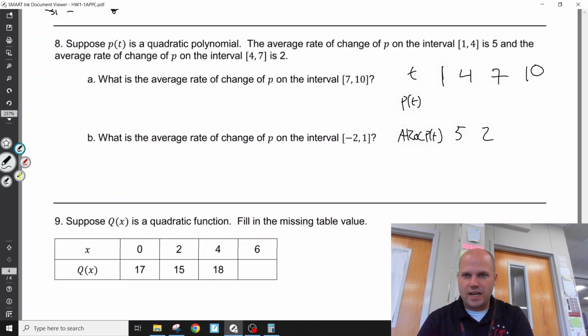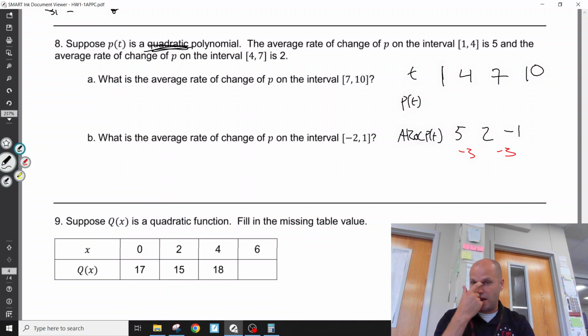From 7 to 10, if this is a quadratic, the average rates of change need to be linear in nature, which means we have to subtract 3 to get the next rate of change. You're going to have to go down 1. So the average rate of change must be 1 y per x over the 3 x's.